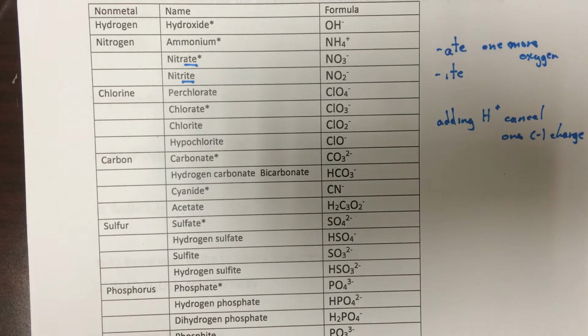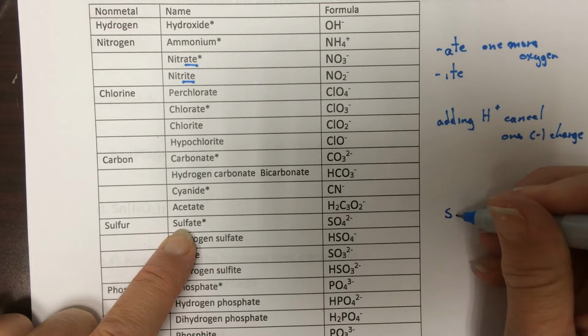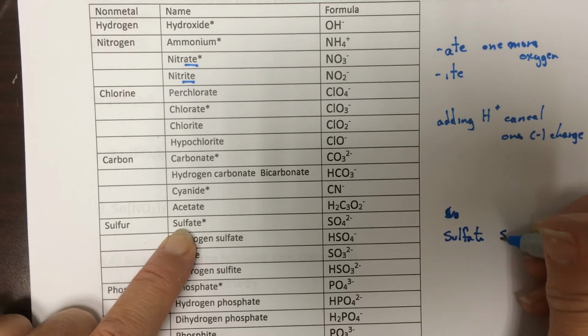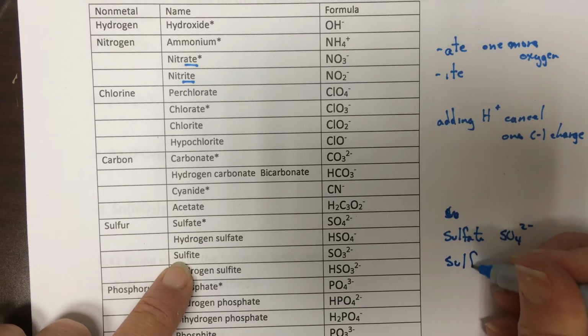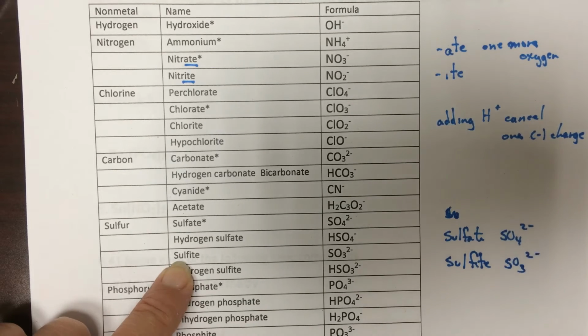You want to be very careful, and I'll use the sulfate as an example. We have sulfate, which is SO4, 2 minus charge. We have sulfite, which is SO3 with a -2 charge.